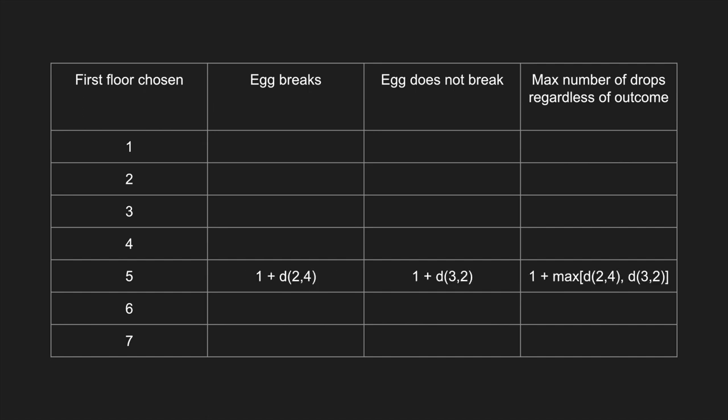We already know what happened if we start with floor number 5, but if we had chosen to start with floor number 1, then the results of the drop would have been these, and out of these the worst outcome would have been represented by this. We can do the same work for all the other floors, and I will let the animation unfold, but feel free to pause and do the computation on your side and check the result.